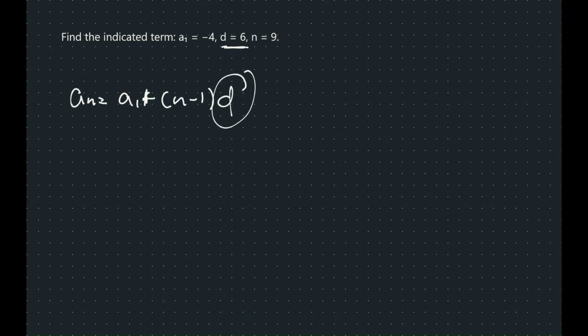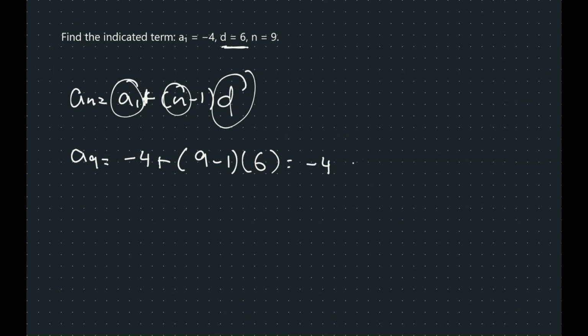And we have d, we have a1, and we have n, and we can find an. So a9 is equal to negative 4 plus (9 minus 1) times 6. So basically negative 4 plus 8 times 6, which is 48. And the final answer is 44, and this is the indicated term.